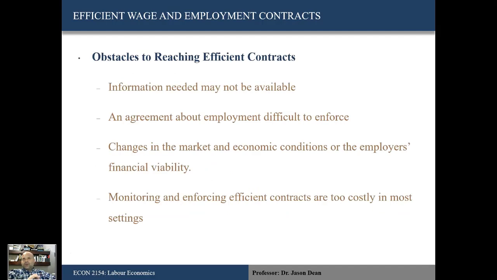So there are some obstacles, though, to reaching efficient contracts. Of course, a lot of our assumptions here were that the information was available to both parties. In reality, the information needed may not be available. An agreement about employment could be difficult to enforce. They could negotiate that, but there could be ways in which the firm could get around it.